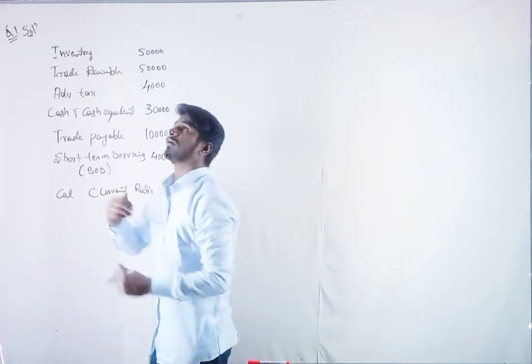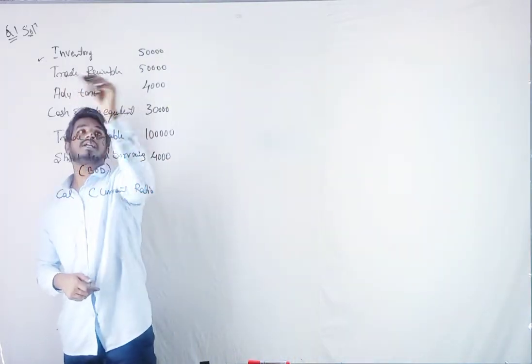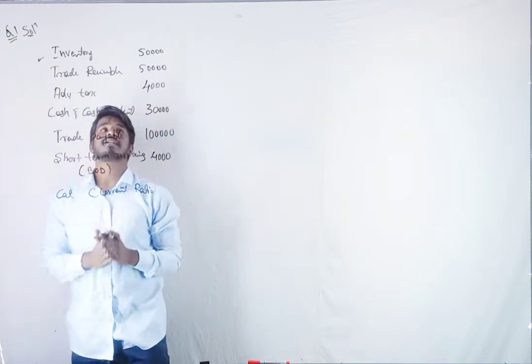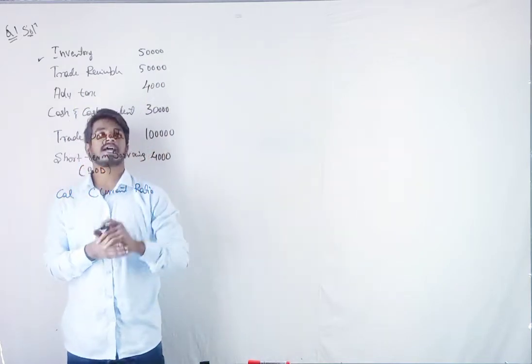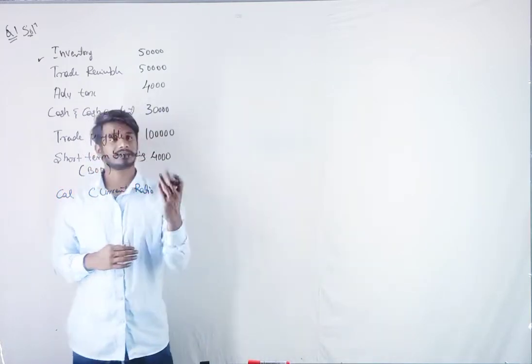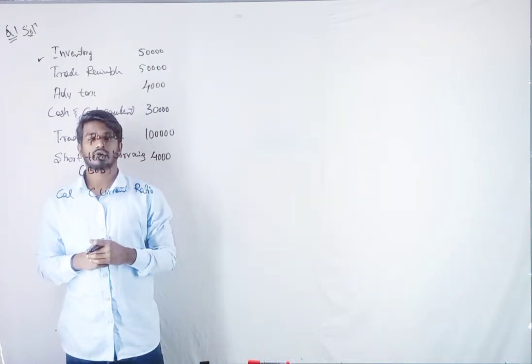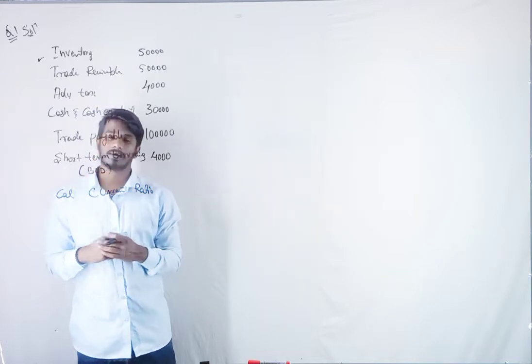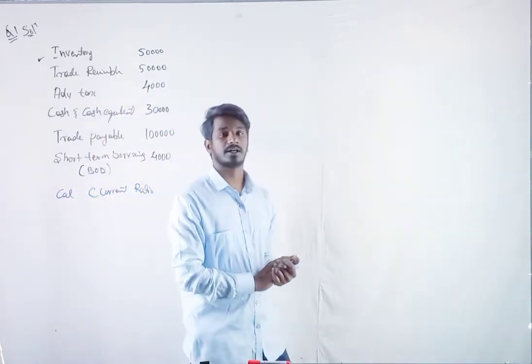They have given inventory 50,000, trade receivable 50,000, advance tax 4,000, cash and cash equivalent 30,000, trade payable 1 lakh, short term borrowing 4,000. Calculate the current ratio.